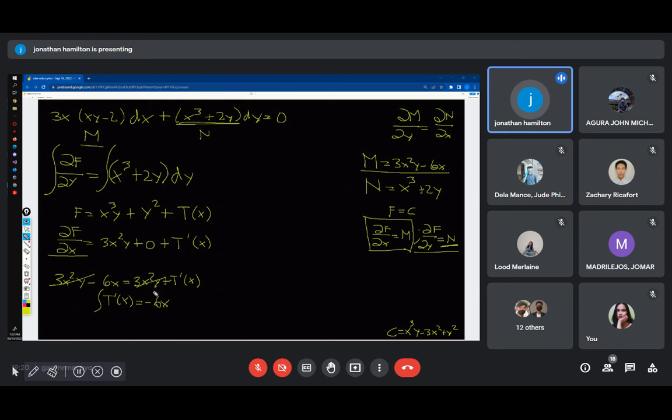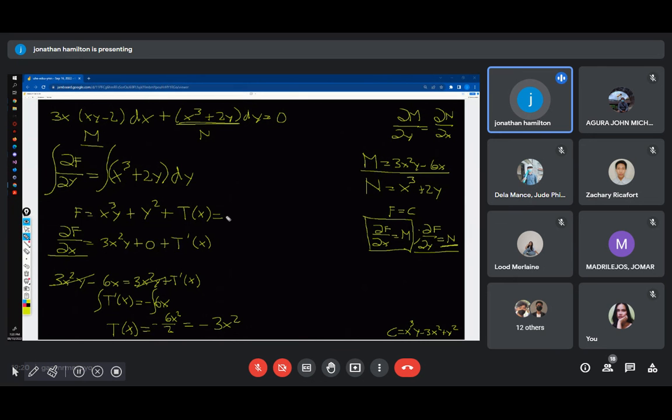To get the value of t of x, we can integrate both sides. So we're left with t of x is equal to negative 6x squared over 2, or we could say this is negative 3x squared.